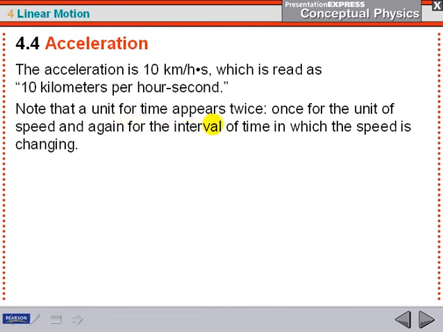We're going to say this as kilometers per hour second. The unit of time appears twice, once for the unit of speed and once again for the interval of time in which the speed is changing. This is very important that you remember how these units work. It's a unit of speed over a unit of time, or a unit of distance divided by a unit of time divided by another unit of time.